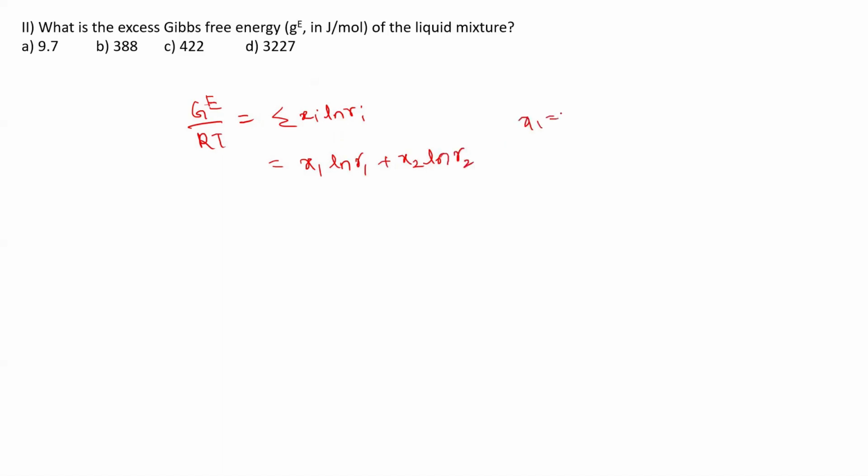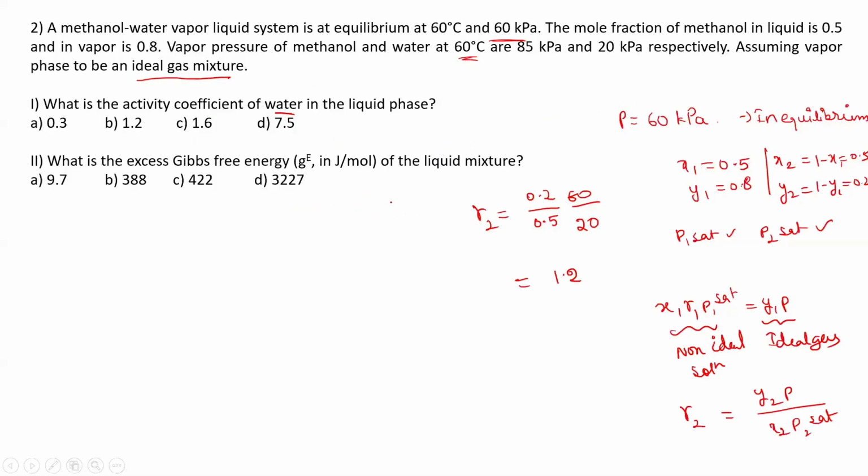Here x1 equals x2 is equal to 0.5. We have found that gamma 2 is equal to 1.2. So ln gamma 2 I will take. And similarly, we want to find gamma 1 also, which is equal to 0.8 by 0.5 into 60 by 85, which gives us 1.13.